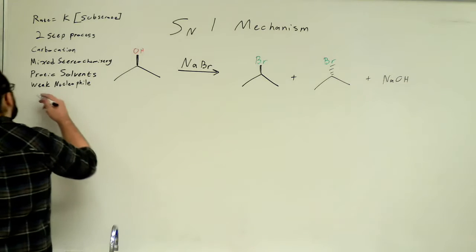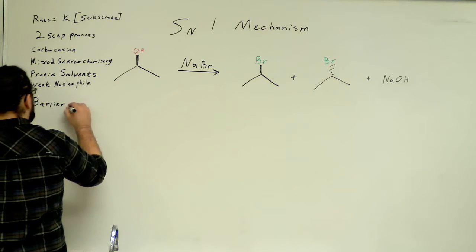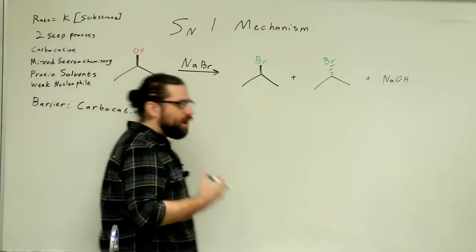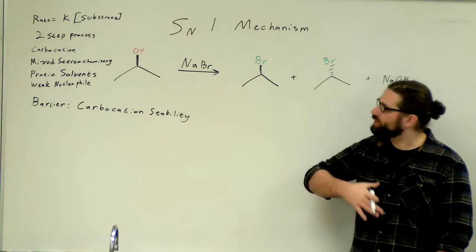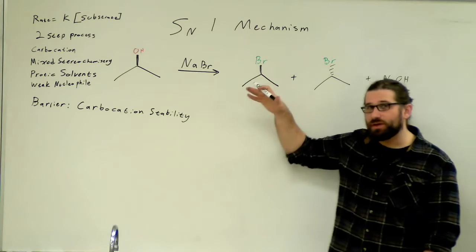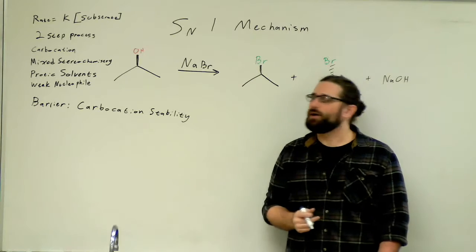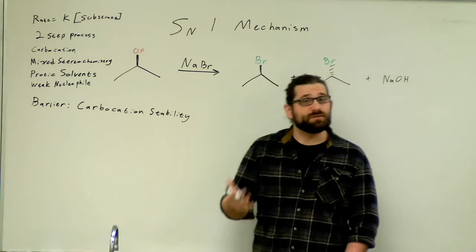So our big barrier here is carbocation stability. That carbocation needs to be able to be stable in order to let that leaving group leave so that it can then take on a new nucleophile.